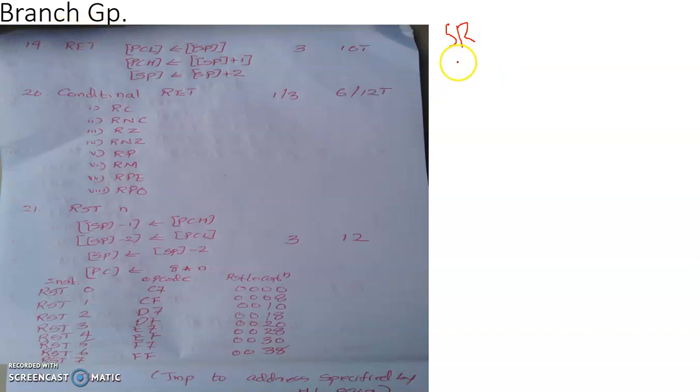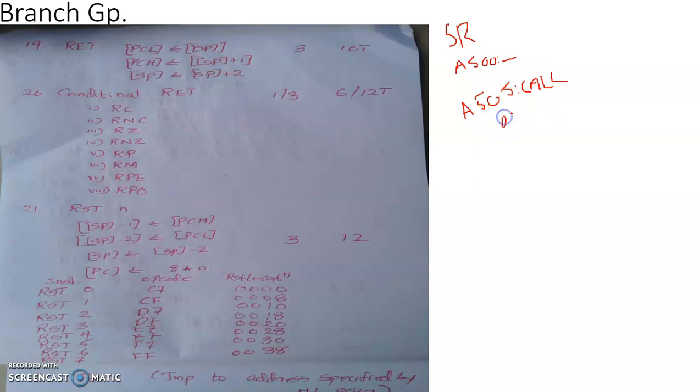Suppose we have a main program written from A500 onwards. So in A500 we have the first instruction, and at the address say A505 we have written the instruction call. The format of call is followed by the address. Let the call location be 8500.